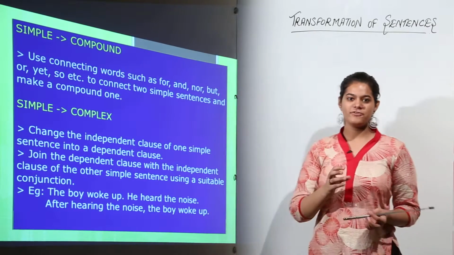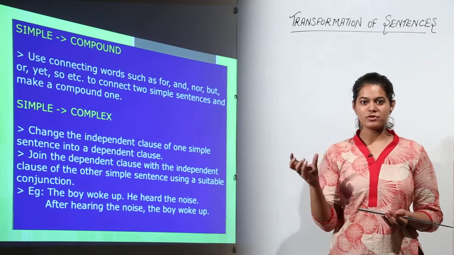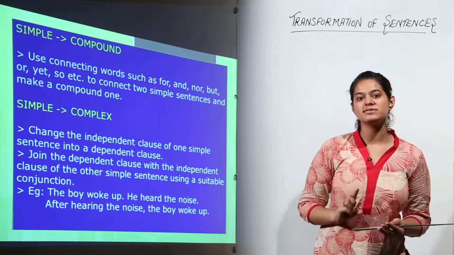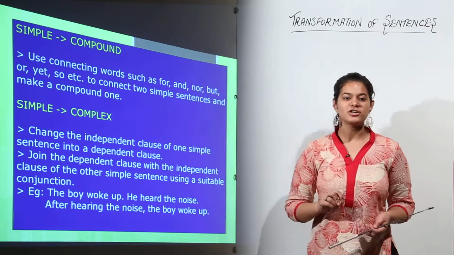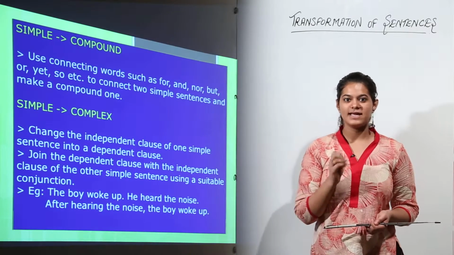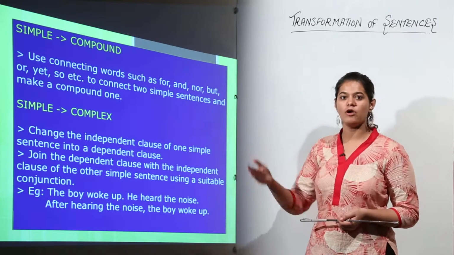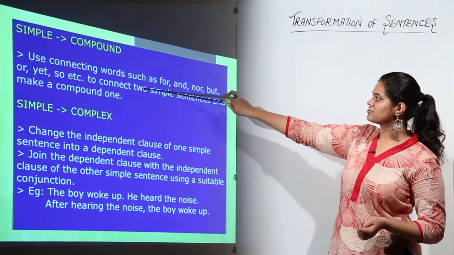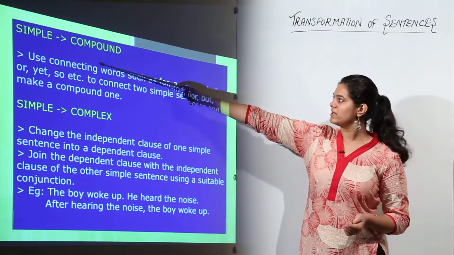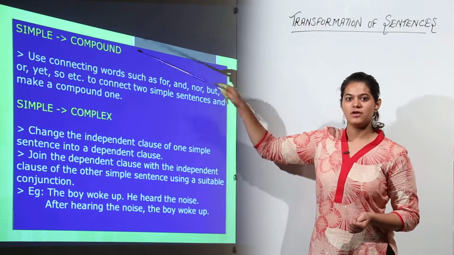For this, if you are given two simple sentences and you have to combine them and make one compound sentence, you use conjunctions. As we already discussed, conjunctions are connector words like and, or, neither, nor, for, before, after. These can be used to convert simple to compound sentences, right?